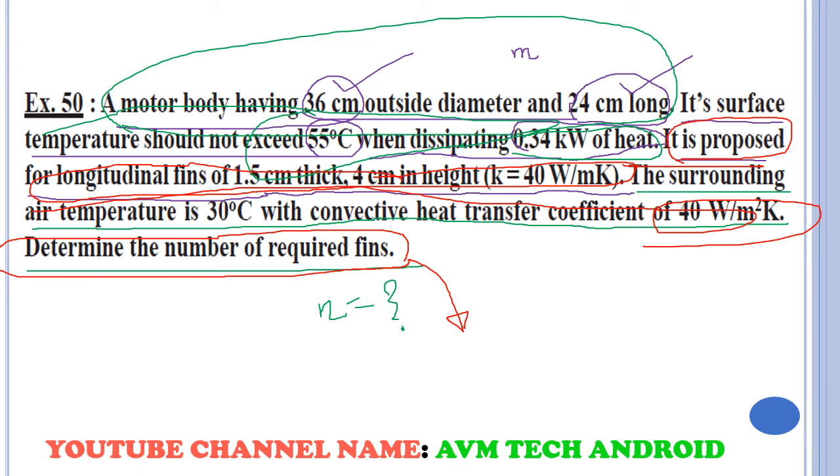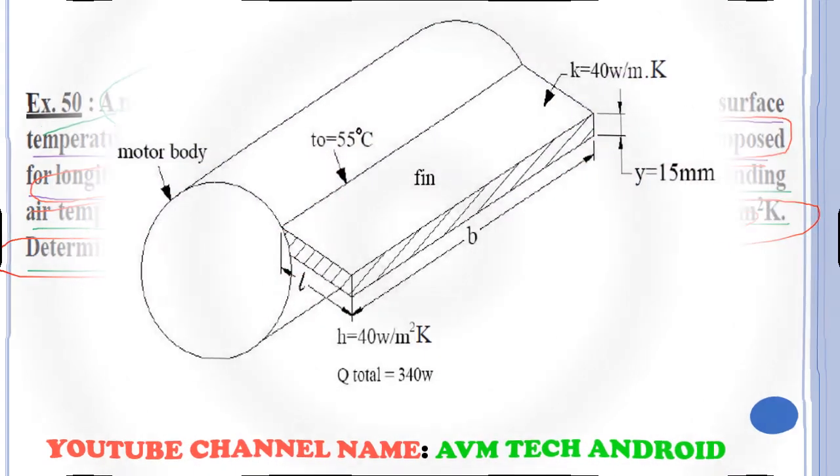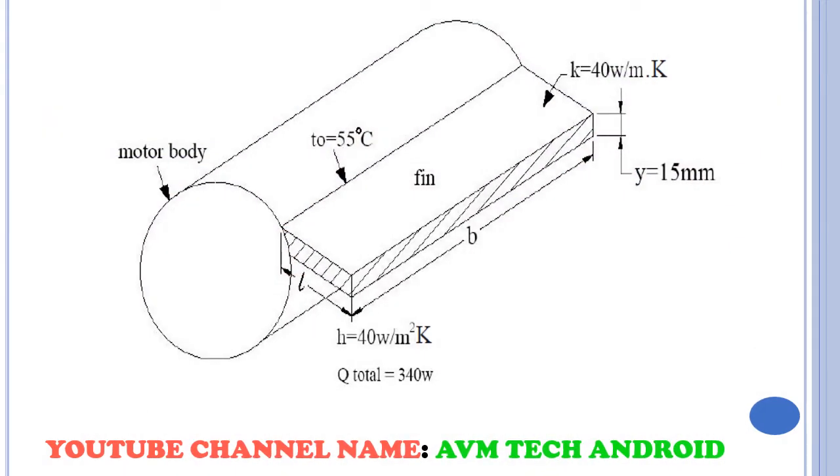So first we have to draw the sketch for this. What is given, that we have to write, and then we have to try to find out the parameter which is asked in the data.